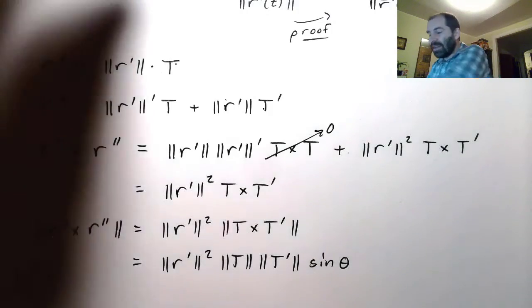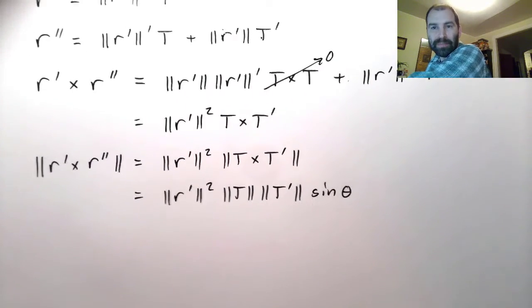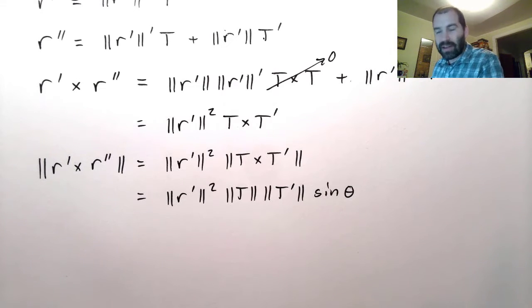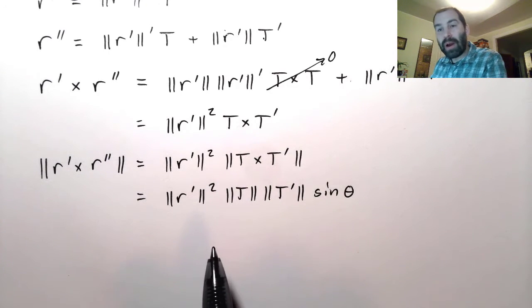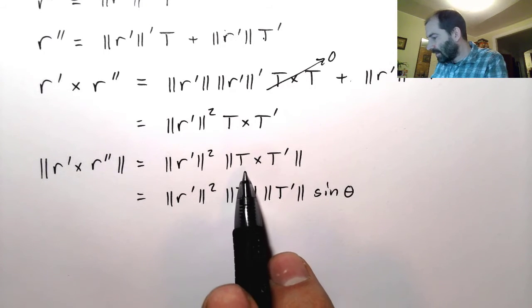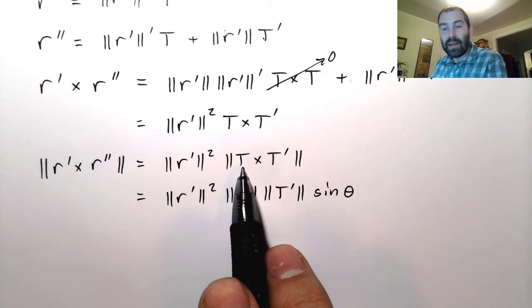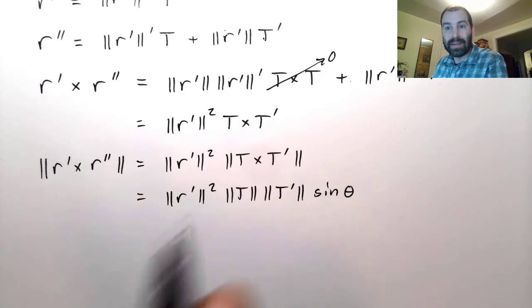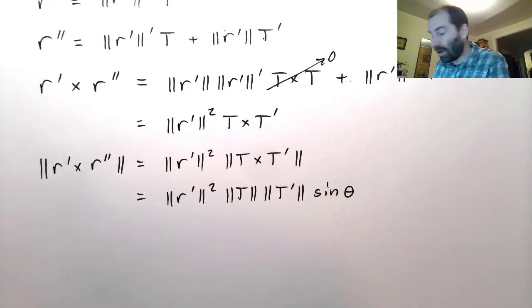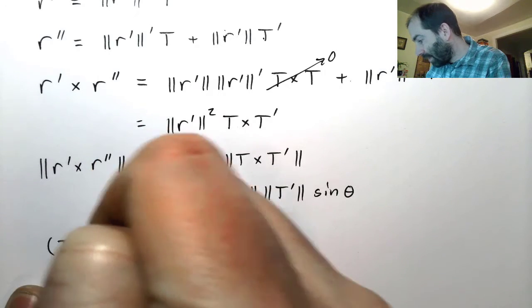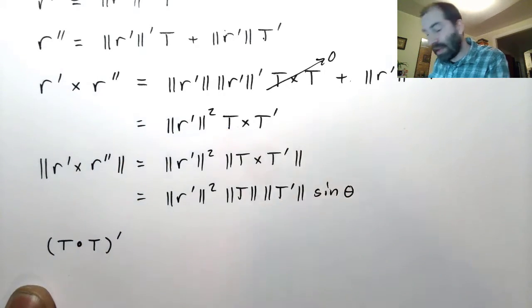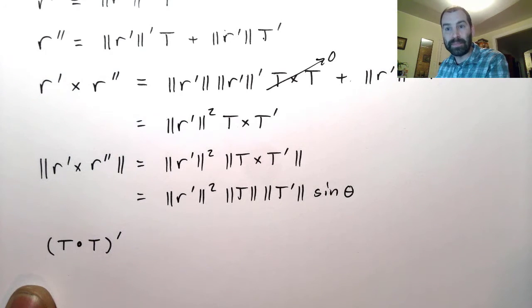Well, this is the part where we have to be a little bit clever. This is one of the tricks that we want to know about. We may use this trick in the future. What's the angle between these two vectors? What I want you to observe is what we get if we take the derivative of t dotted with itself. Now, it's not obvious that we'd look at this, but I want you to look at this. So if I take t and take the dot product with itself and then take the derivative, what do we get?